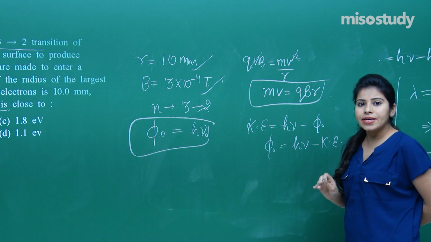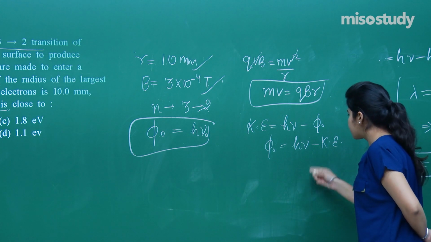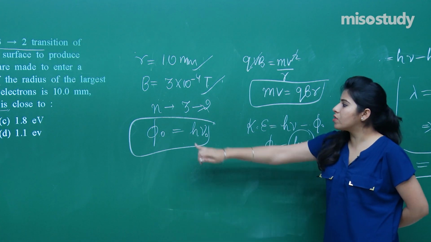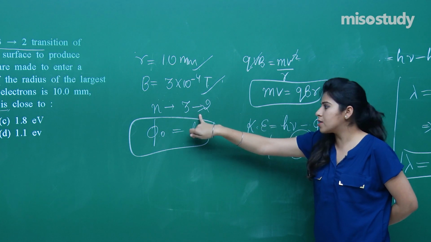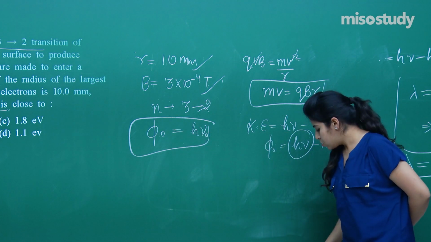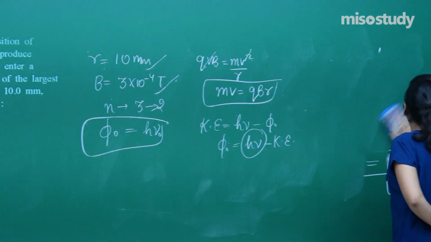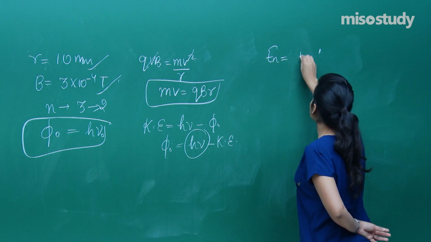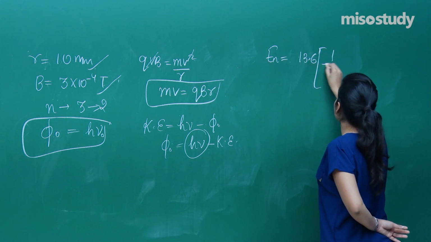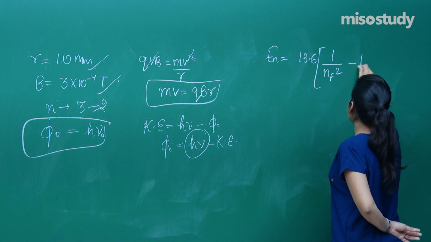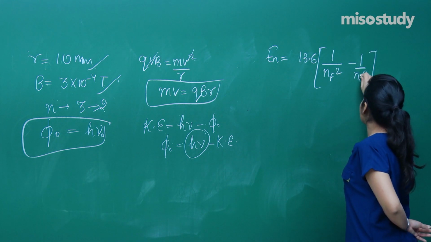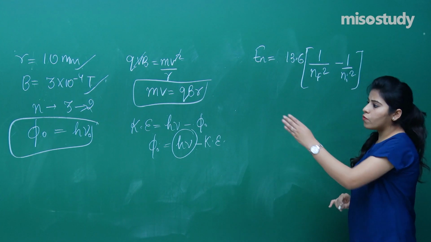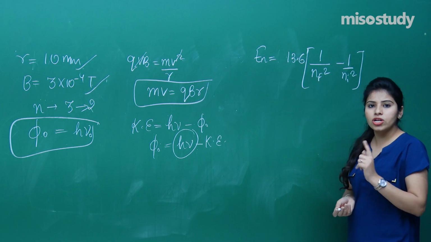Because I have been given this transition, I will find the energy from here. We know that En equals 13.6 into 1 by nf square minus 1 by ni square. Nf is the final orbit, Ni is the initial orbit. So our final orbit is 2 and initial was 3.